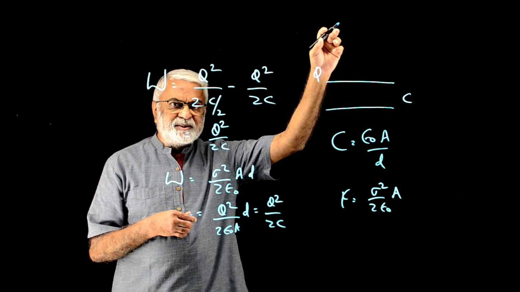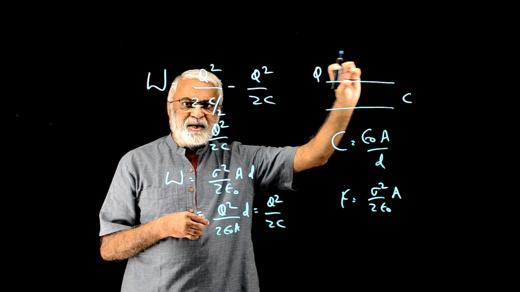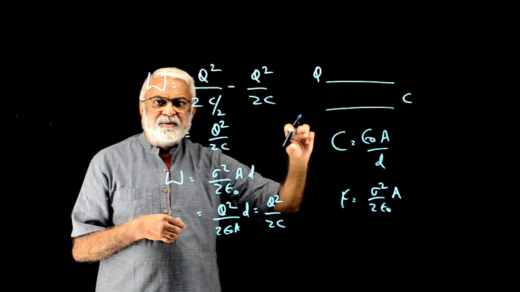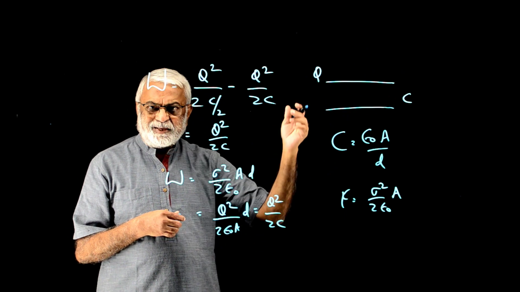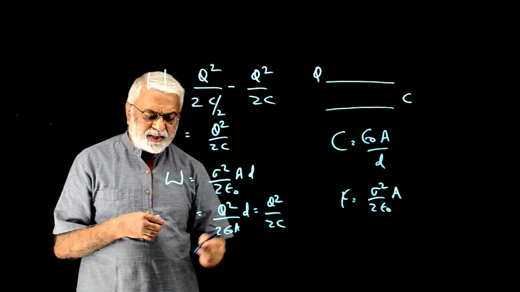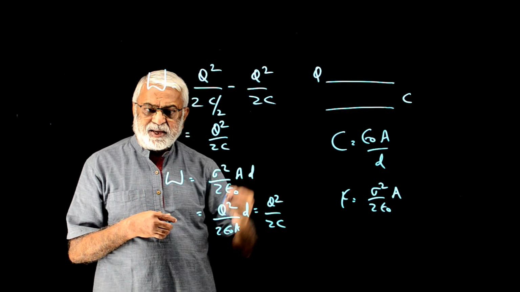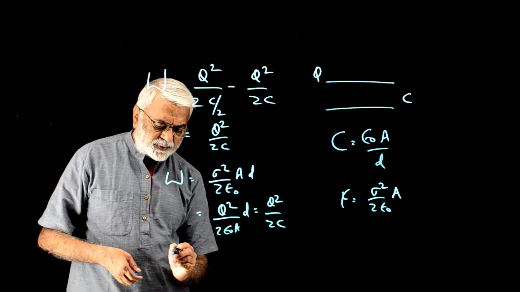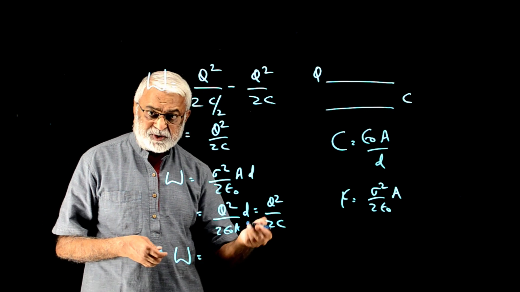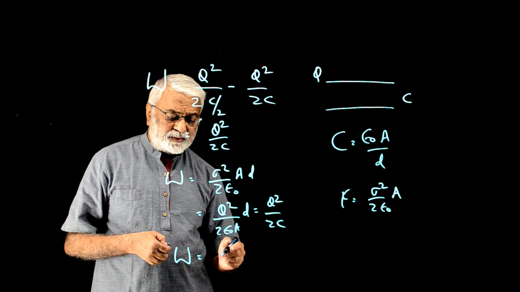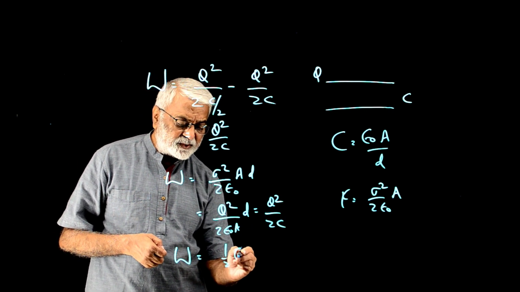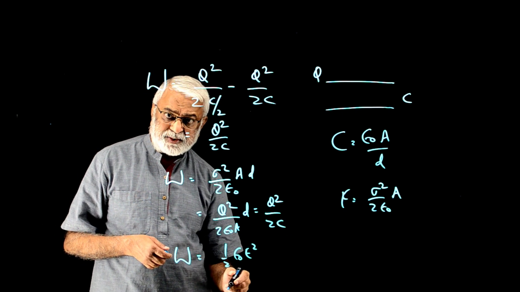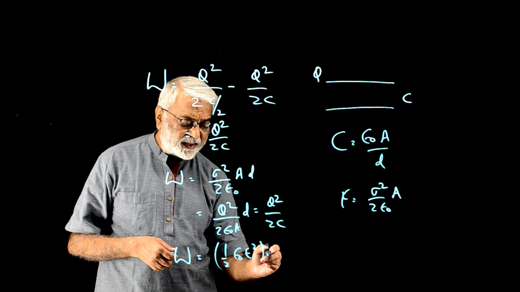The increase in volume is AD. So in that extra space of volume AD, you now have an electric field of sigma by epsilon 0. So the increase in energy stored there, that would be the work done, the change in potential energy. Half epsilon 0 E squared is the energy density in space, into the volume, which has been increased by AD.